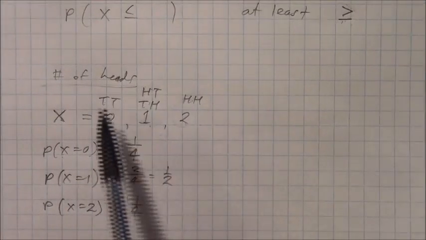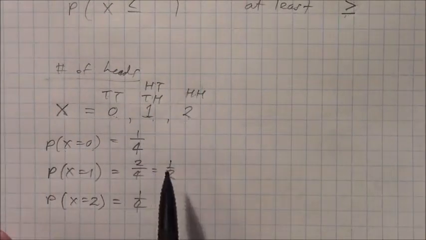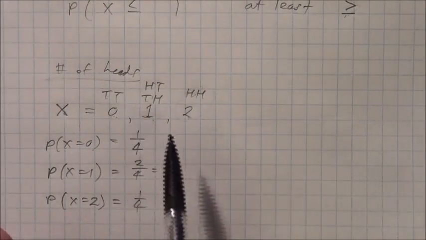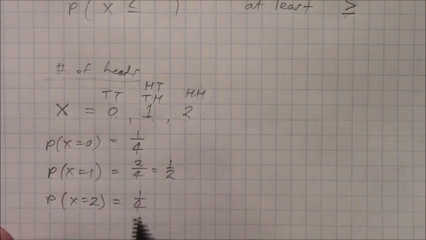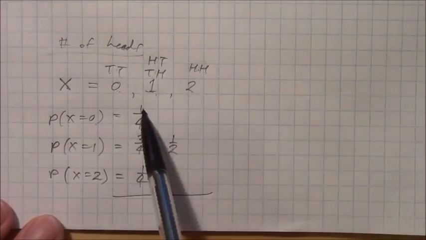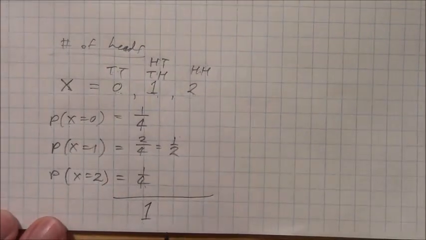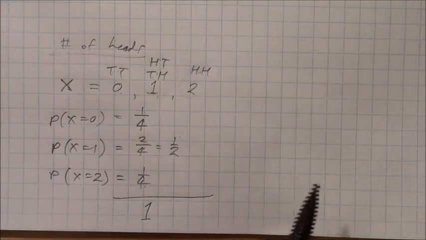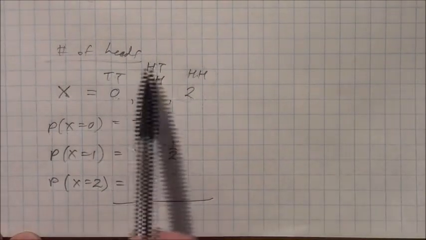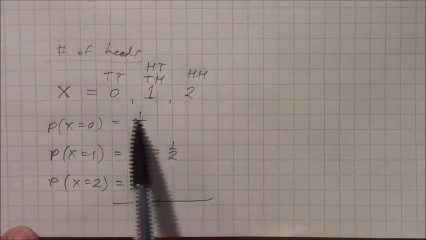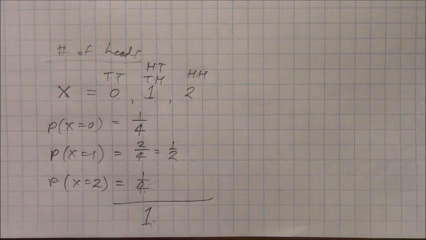When you're tossing 2 coins, you're going to get one of these 4 outcomes. So with certainty, at least one of these scenarios will happen. Therefore, when we add all these different probabilities together, we're going to equal 1. Because on any flip of 2 coins, it is with definite certainty that one of these 4 outcomes will occur. Therefore, the sum of all those probabilities has to equal 1.